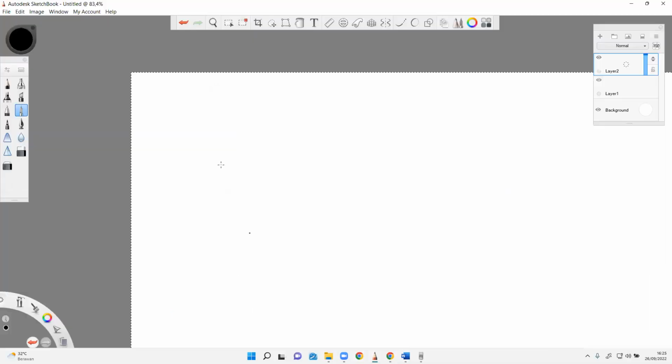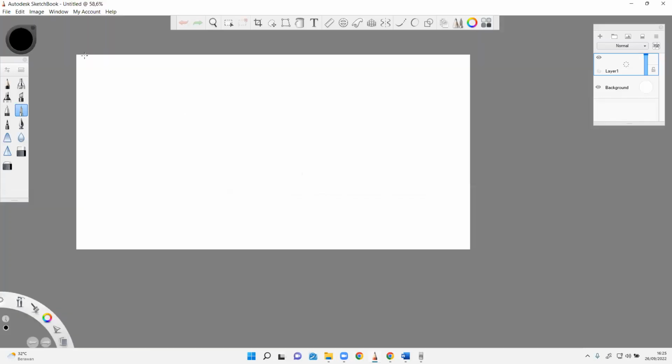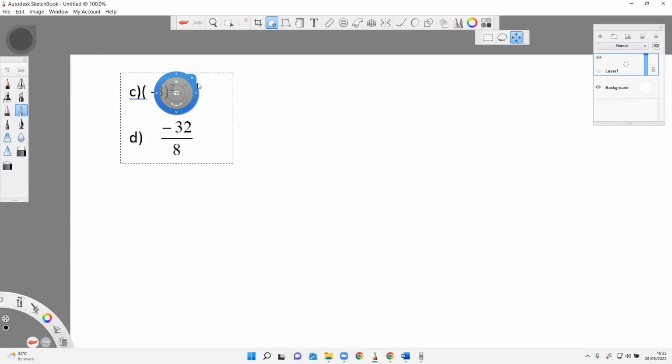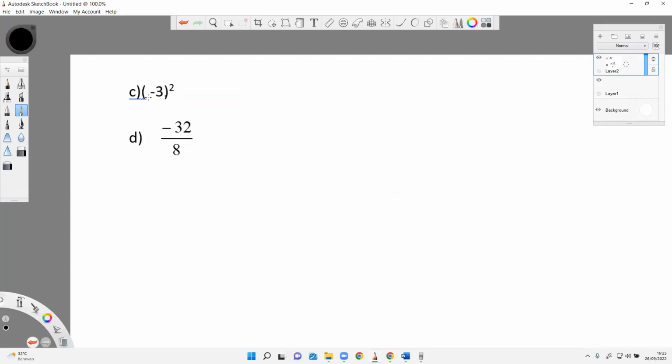21 C and D. So this is a bit complicated. Let's see how I do it, and I hope you can see that this is not too hard. 21C: negative 3 in brackets, and then you put the square. So what does it mean? The square applies to both the sign and the 3.